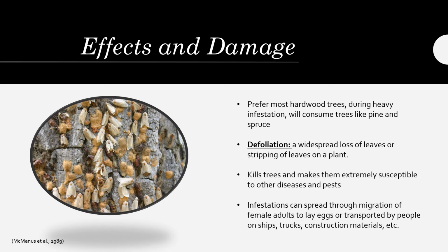This is very invasive because infestations are able to spread because the Asian gypsy moth adults are able to fly. Although infestations mainly spread through the migration of female adults to lay eggs, they can also be transported by people on ships, trucks, construction materials, and other ways.